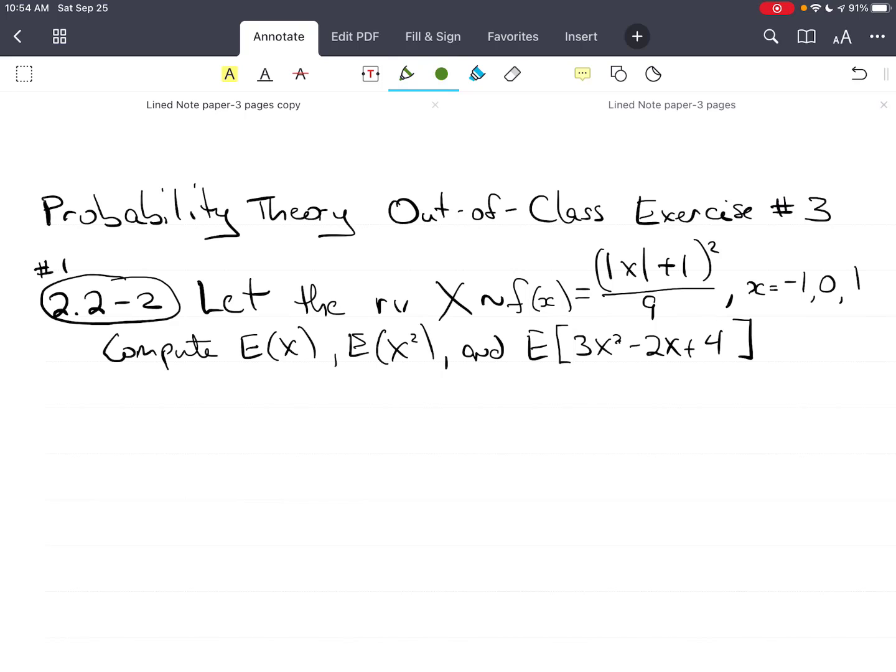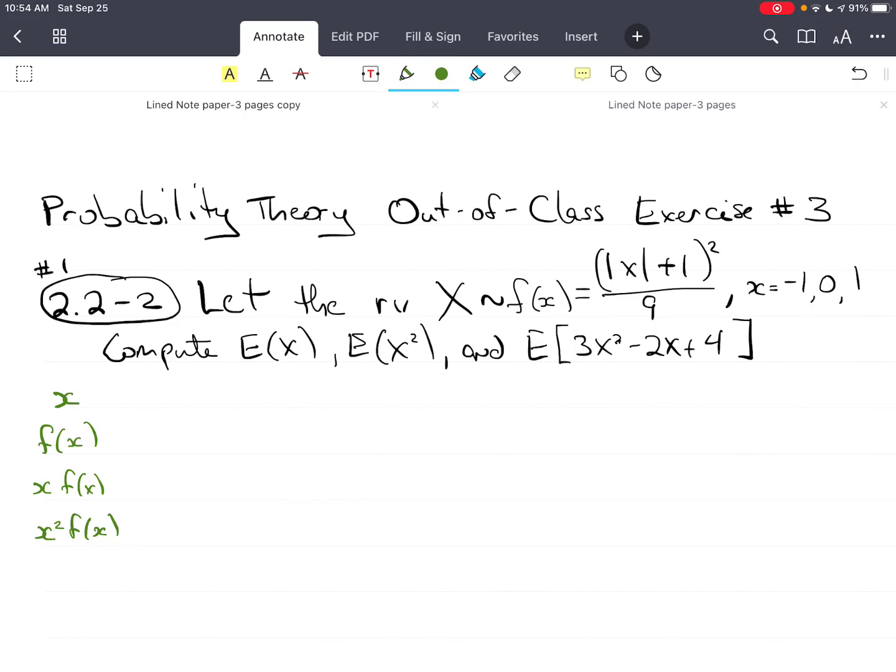So the easiest way to solve these problems, when it's a discrete random variable like this, is to make a table. So I'm going to put x here, f of x here, and then x squared f of x. Why am I doing this?